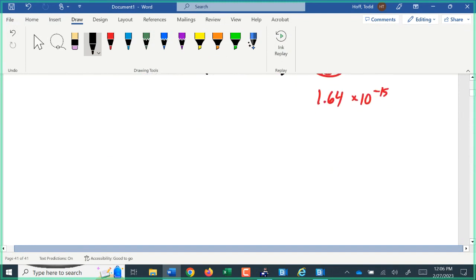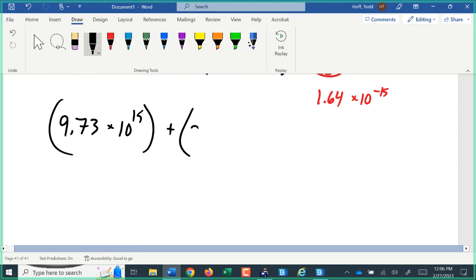What if we don't have the same power of 10? What if we have 9.73 times 10 to the 15th plus 8.6 times 10 to the 14th. Don't have the same name here. Well, these are relatively close. 10 to the 15th, 10 to the 14th is just one number off.